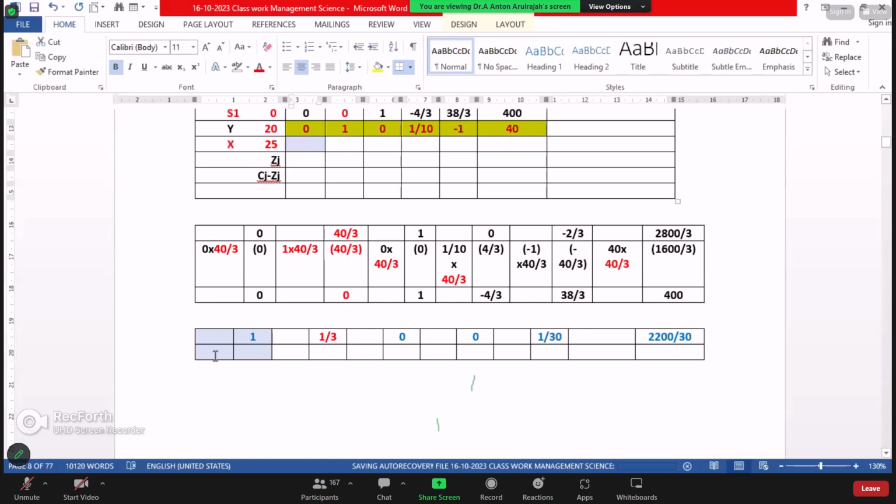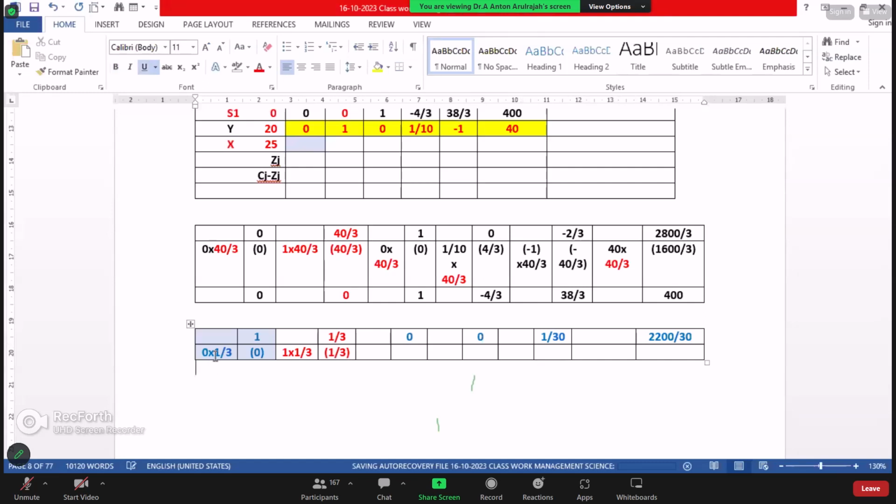So 0 multiplied by 1 by 3, right? That is 0. Then 1 multiplied by 1 by 3. Okay, that is the same value, 1 by 3.